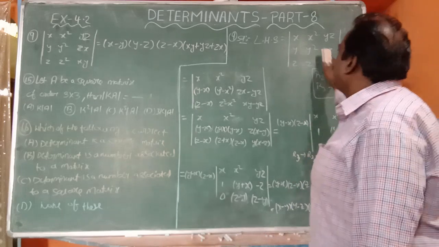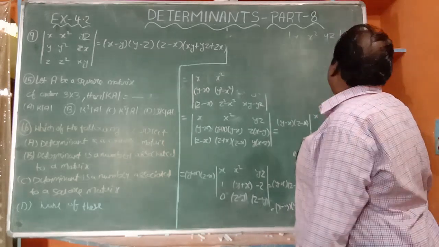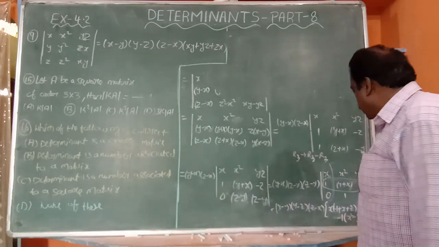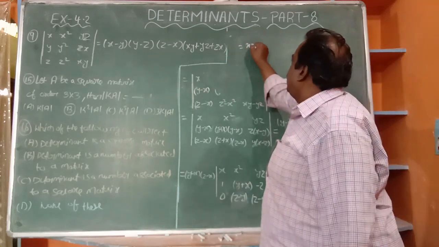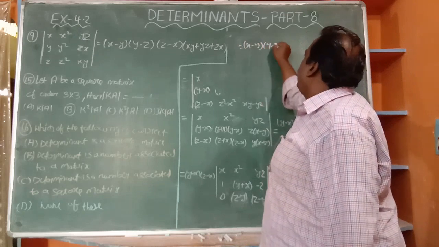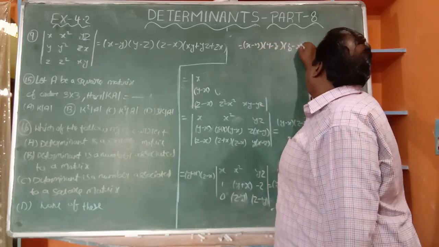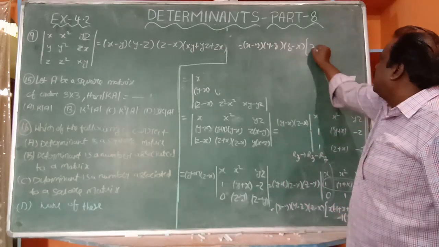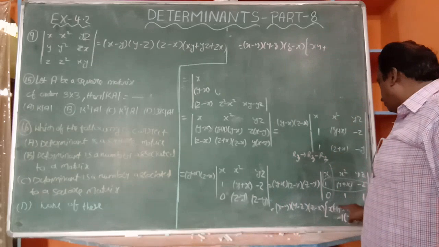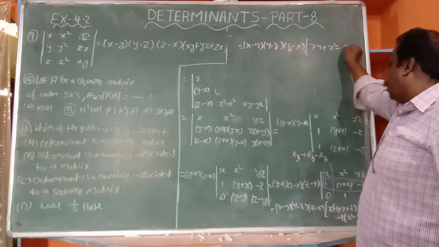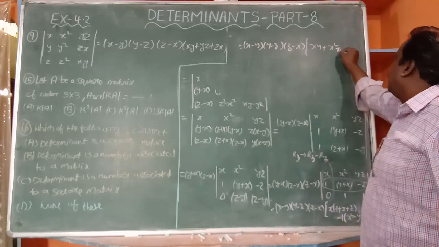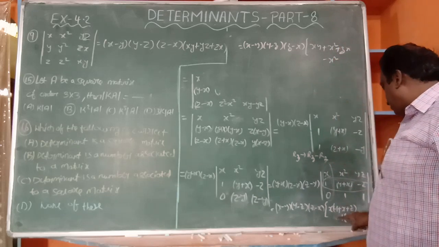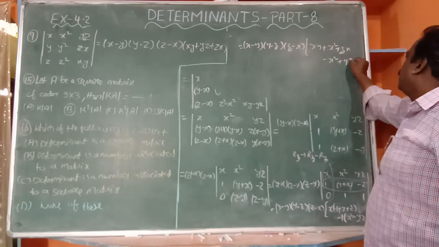Now only one step is left. I will write here only one step and we'll get the answer. It is x minus y, y minus z, z minus x into x into y, xy, x into x, x square, plus x into z, zx, minus x square, minus into minus plus yz.